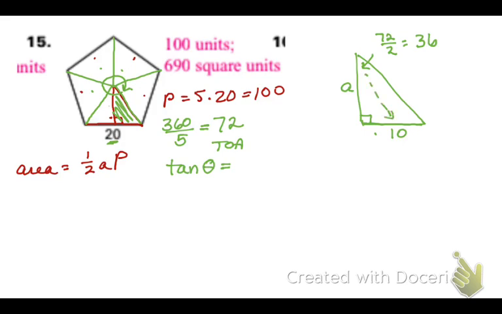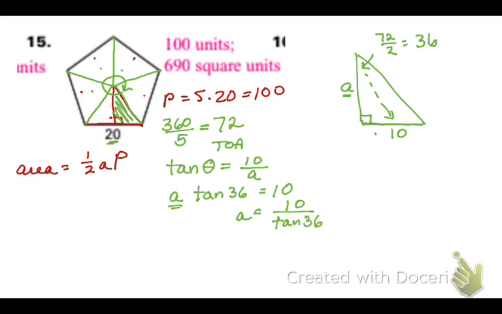So my opposite is 10, and my adjacent is going to be A. I need to solve for A. So I'll multiply both sides by A: A tan theta, where theta is 36, is equal to 10. Now we divide both sides by tan 36 to isolate A, and we have A is equal to 10 over the tangent of 36.